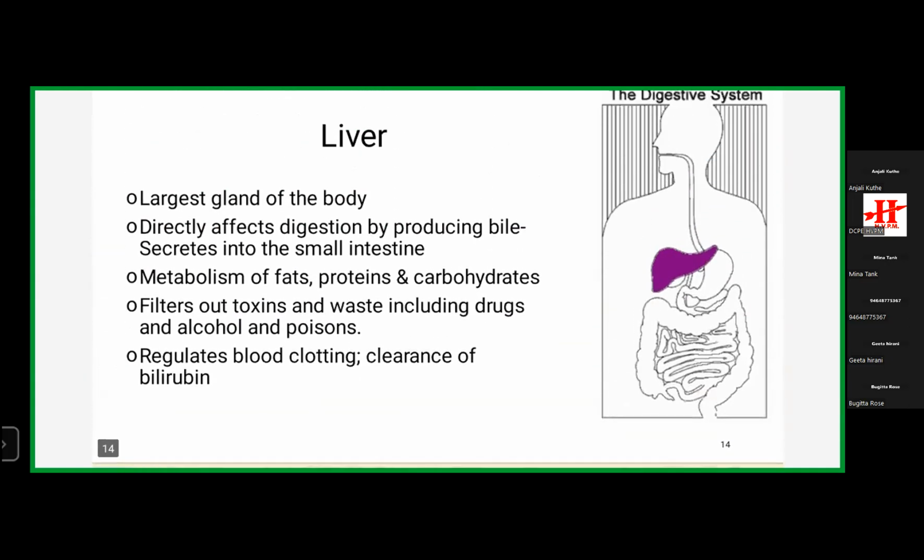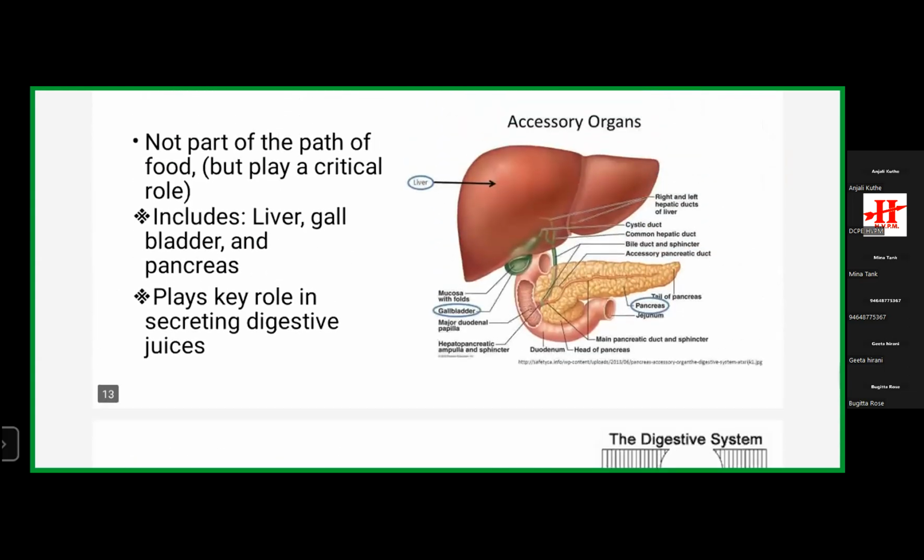Now, important points regarding the liver. 2 lobes are clearly seen in the diagram. One is the largest lobe, known as the right lobe of the liver, and another is known as the left lobe. The 2 lobes are separated by a ligament known as the falciform ligament.